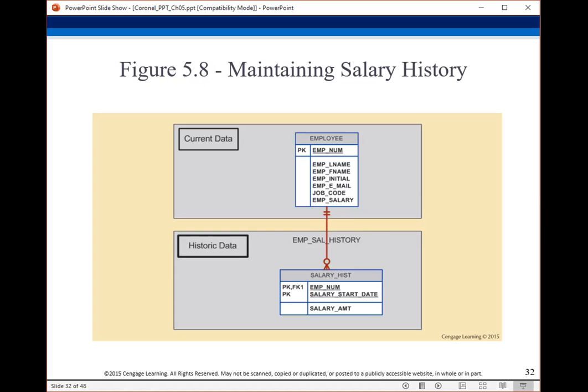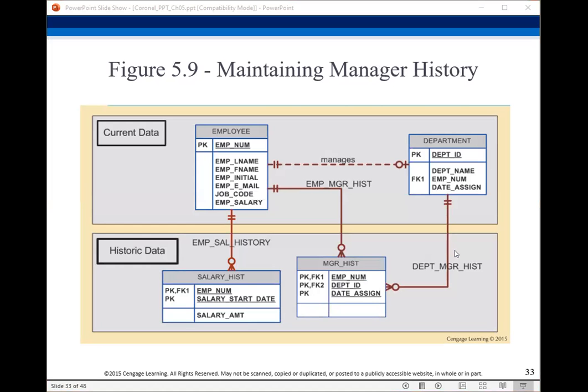From that, we can find out the history of an employee's salary over time. Manager history, same thing: who's been a manager for a particular department or for a particular employee.